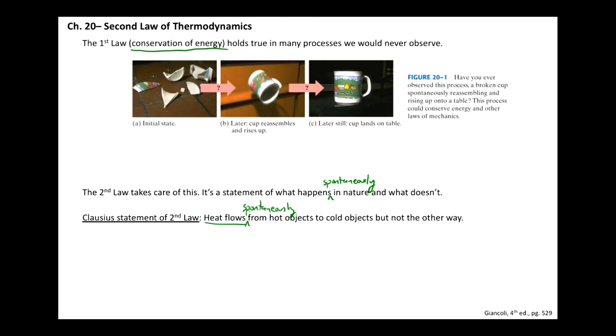Now, we'll see later in this chapter there are things I can do to make the heat flow the other way, but that always requires me putting some energy in. I have to do work to make that happen. If I just let nature do what nature is going to do, the heat will always flow in one direction, from hot things to cold things. I think we all know that that's what's going to happen. It's kind of an obvious thing.